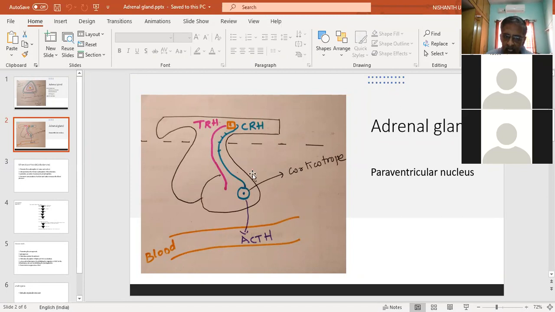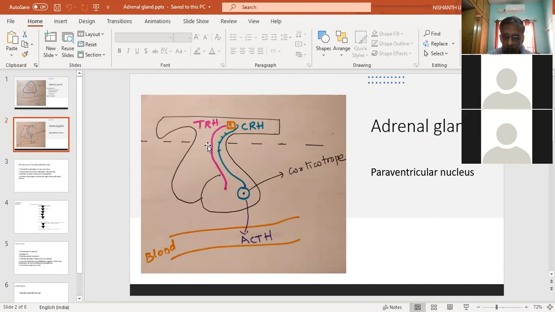Once CRH binds to the corticotrope cells, they start to release one hormone called ACTH, adrenocorticotropic hormone, and it will enter the blood circulation.